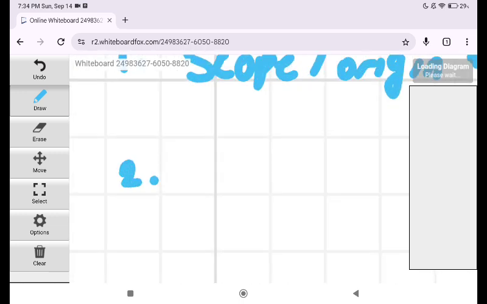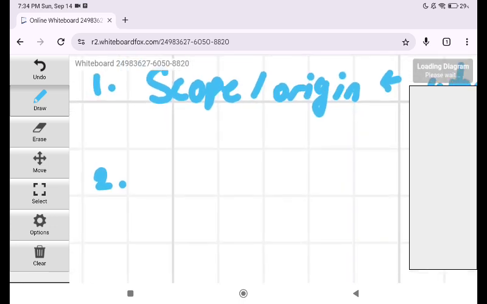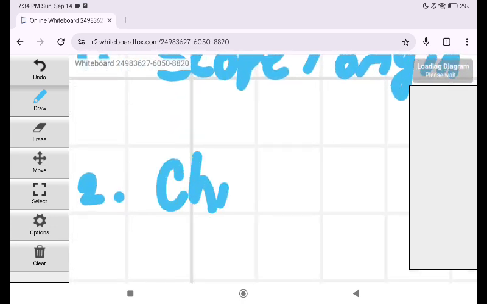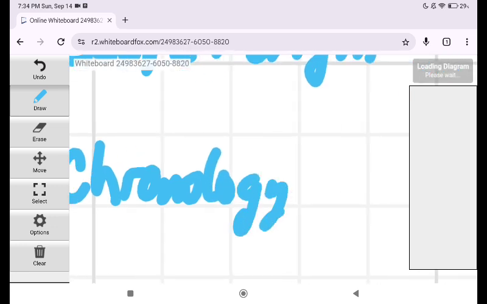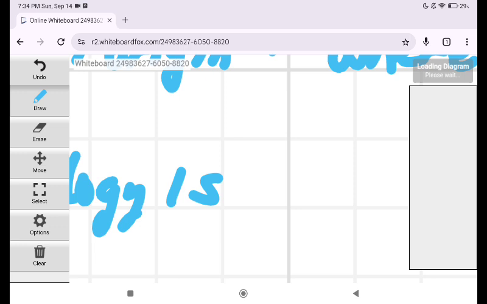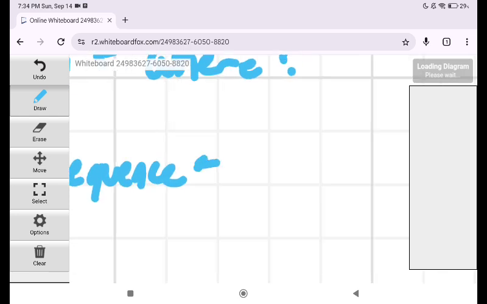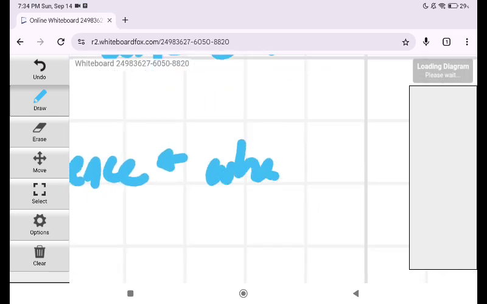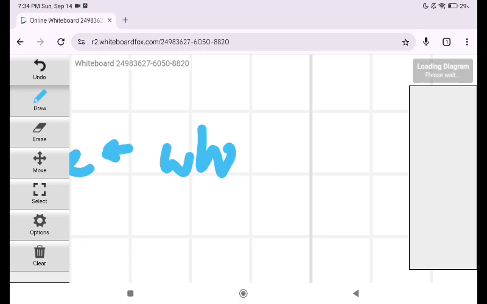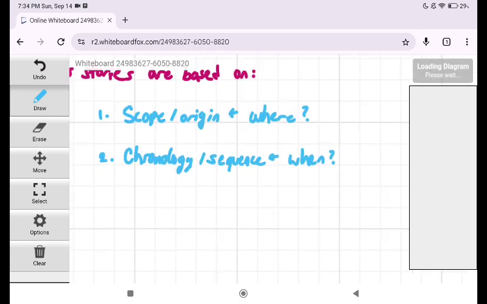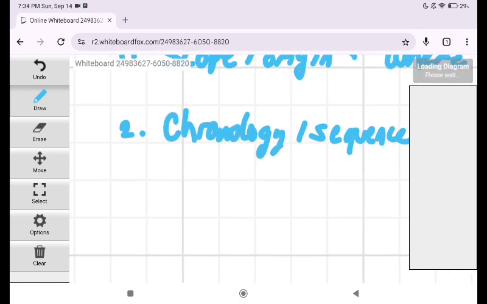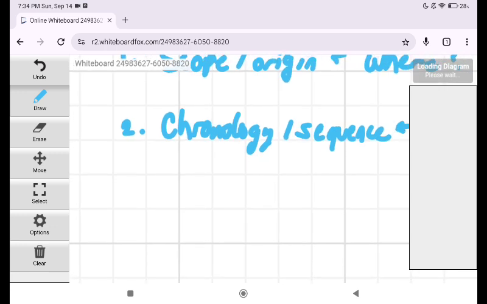The second one we have is the chronology or sequence, which also can answer the question when. Third one we have is the structure.